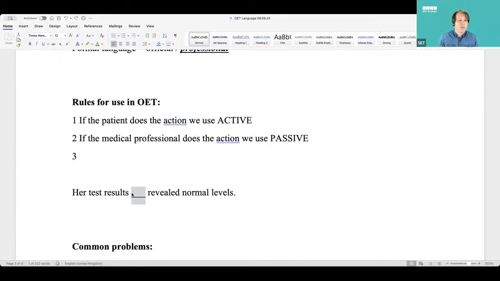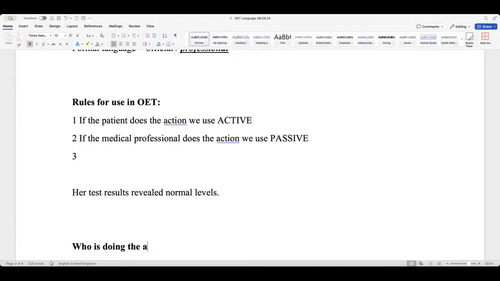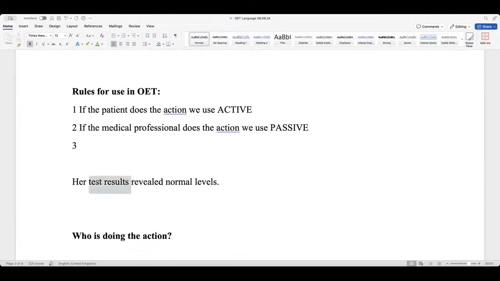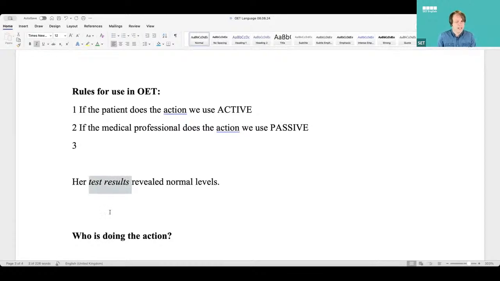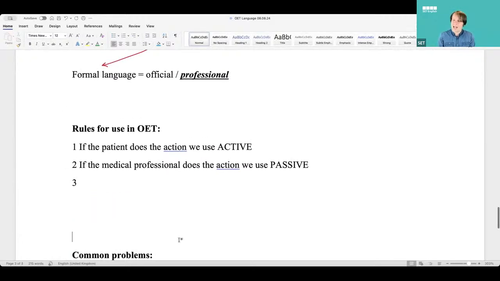But here's the weird question to ask: who is acting here? Who is doing the action? It's strange. A test, is that a person?